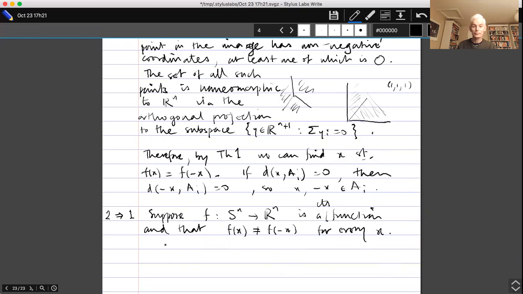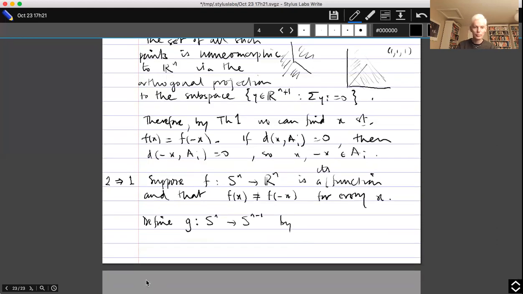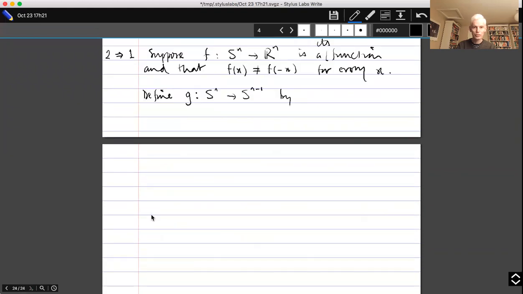Okay, I'm going to use that to define a new function which I'll call g. So define g, going from Sn to Sn-1, by, let's get a new sheet. We'll set g(x) to be f(x) minus f(-x), divided by the L2 norm of f(x) minus f(-x).